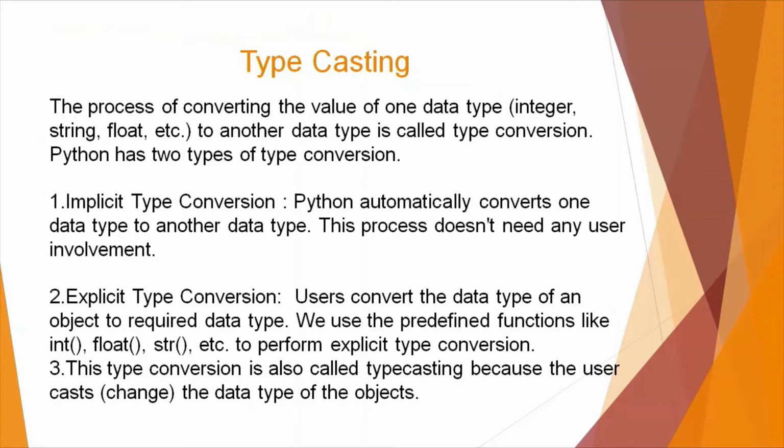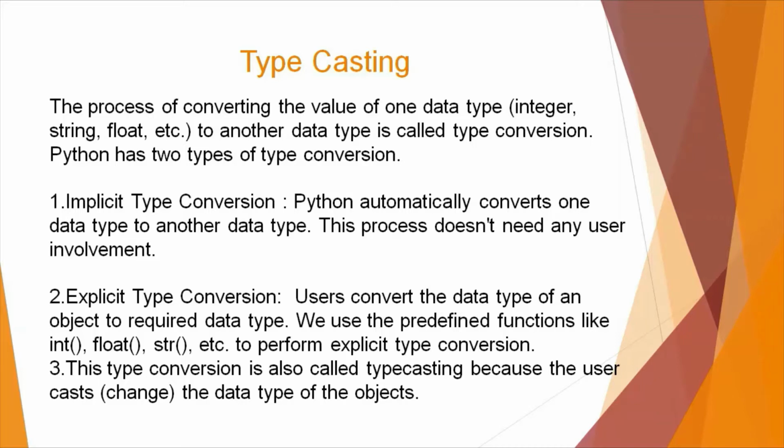Okay, in Python we have this typecasting or type conversion. The process of converting the value of one data type, that is integer, string, float, etc., to another data type is called type conversion. And Python has two types of type conversions, that is implicit type conversion or explicit type conversion. In implicit type conversion, Python automatically converts one data type to another data type.